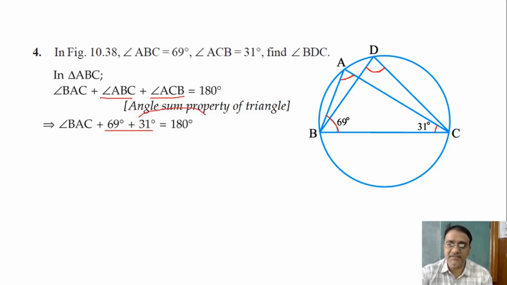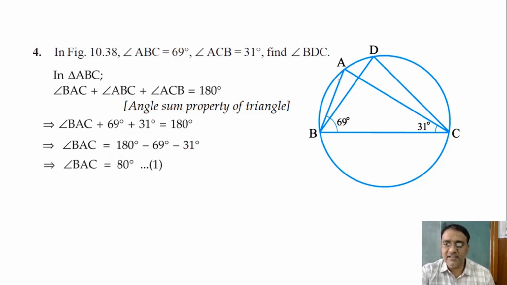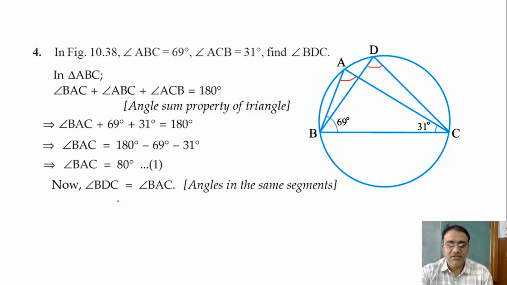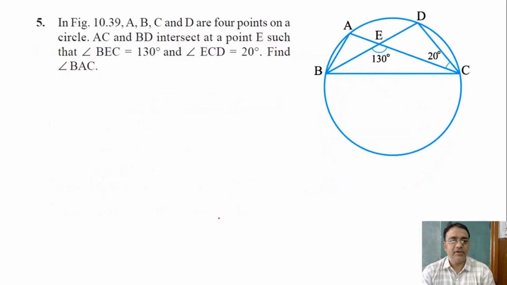After adding we can shift, or if you want to shift directly you can, so both will become minus, and 180 minus 100 is 80. Now these two angles are equal. Why? Angles in the same segment. Very good. So this angle is also equal to 80 degrees. Any doubt? No, sir. Okay, fifth question.